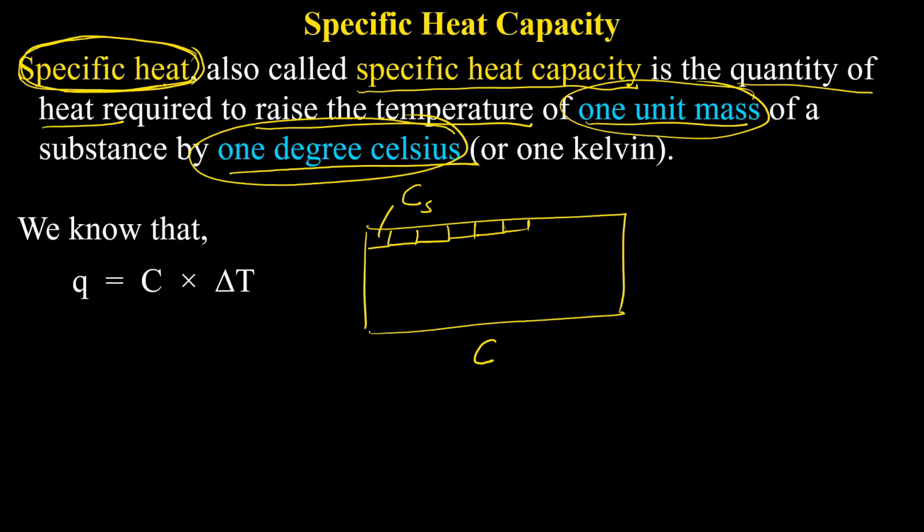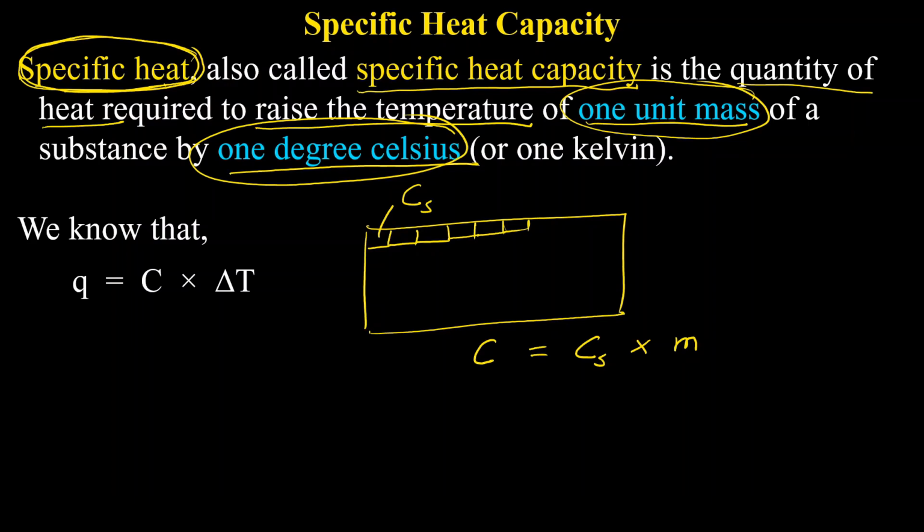So if 1 gram has heat capacity Cs, that is the specific heat capacity, to get total heat capacity, you will have to multiply this by the number of grams, that is mass.